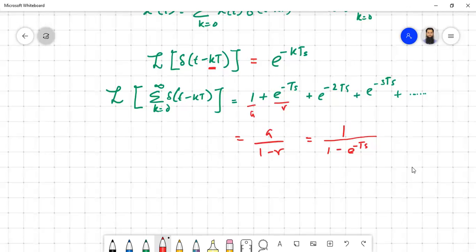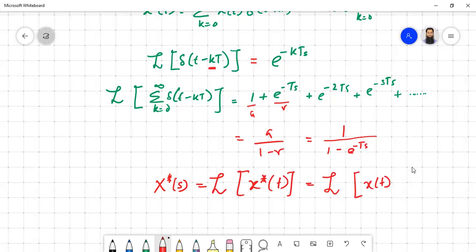Now, the Laplace transformation of x star t is capital X star s. It is the Laplace transformation of two time domain signals: one is x(t), and one is the summation from k equal to 0 to infinity of delta t minus kt.